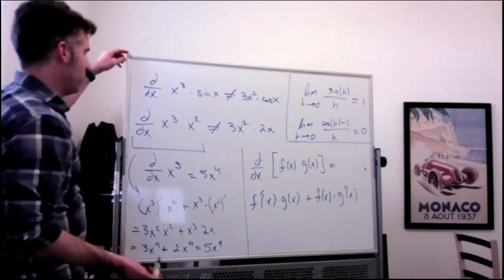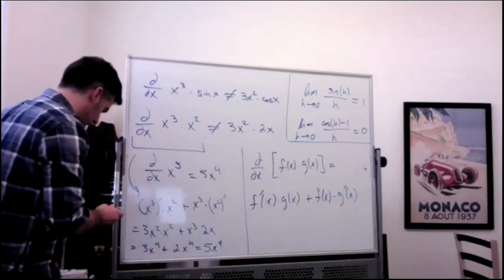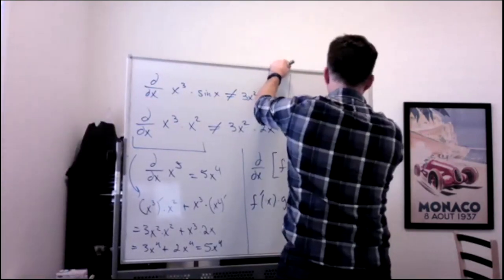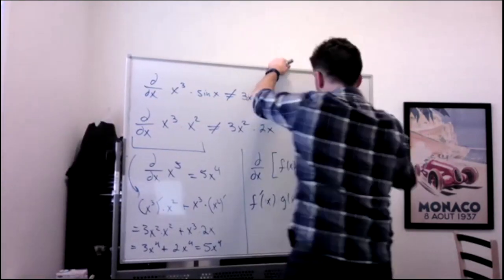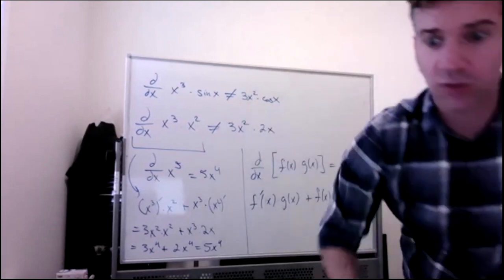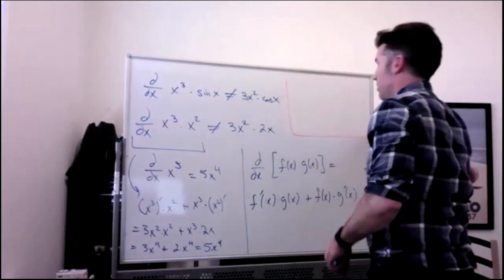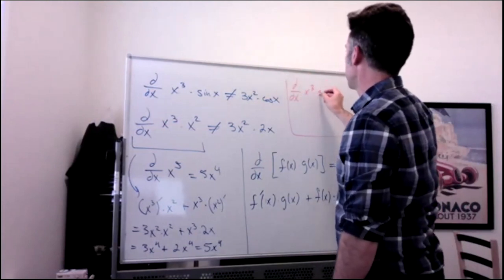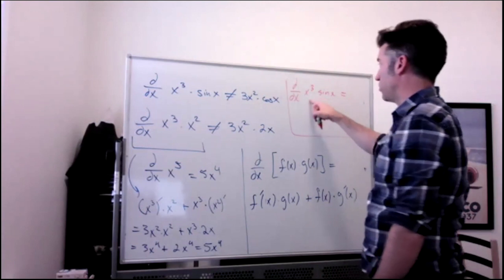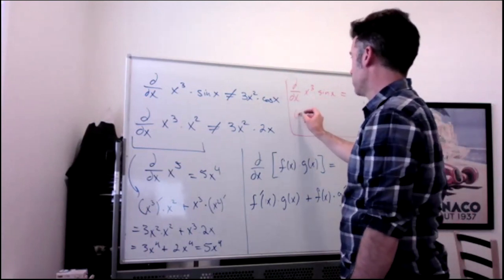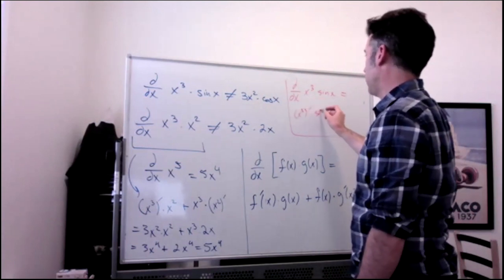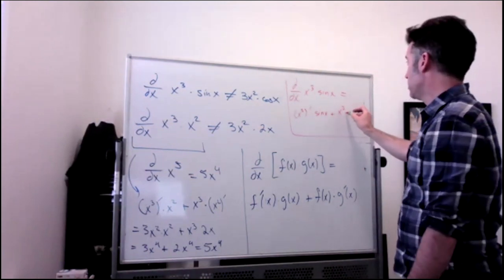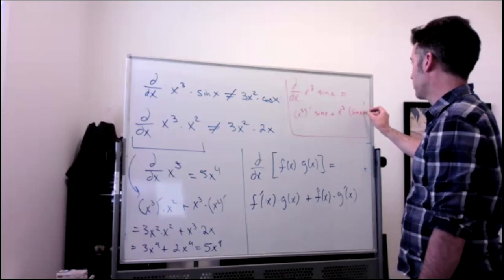Words are hard. We can also use that to say, well, if that's true, which it is, then it should also be true that the derivative of x cubed times sine of x is equal to the derivative of x cubed times sine of x plus the not derivative of x cubed times the derivative of sine of x.